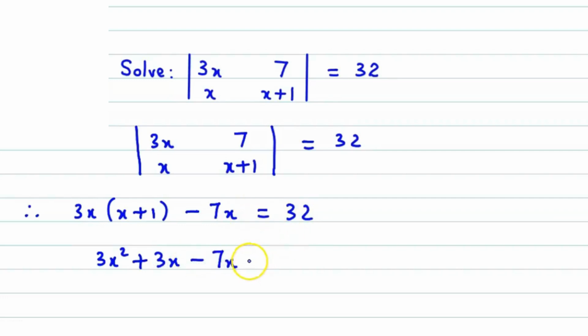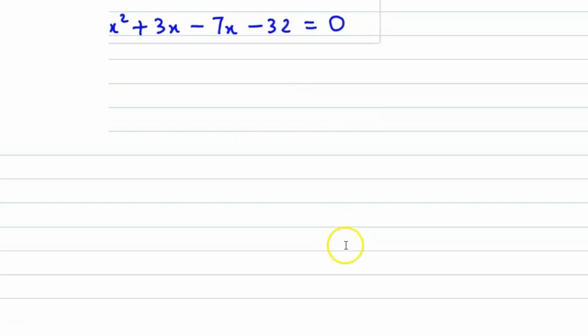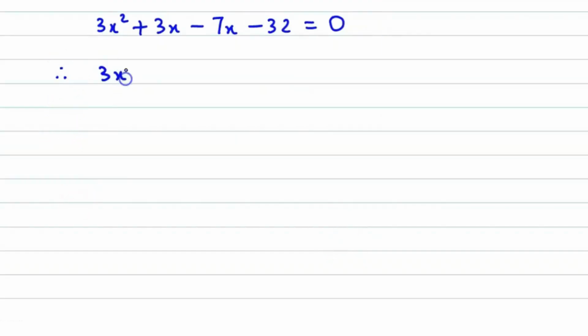Transferring 32 to the left hand side, we have minus 32 is equal to 0. Further, if we simplify, we get 3x square, 3x minus 7x is minus 4x, minus 32 is equal to 0.